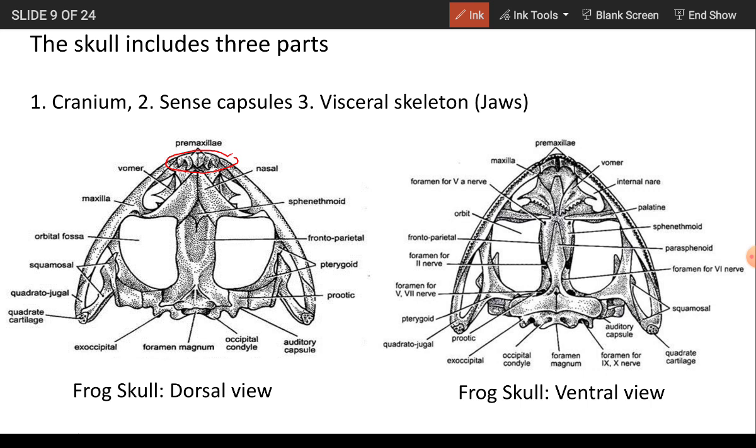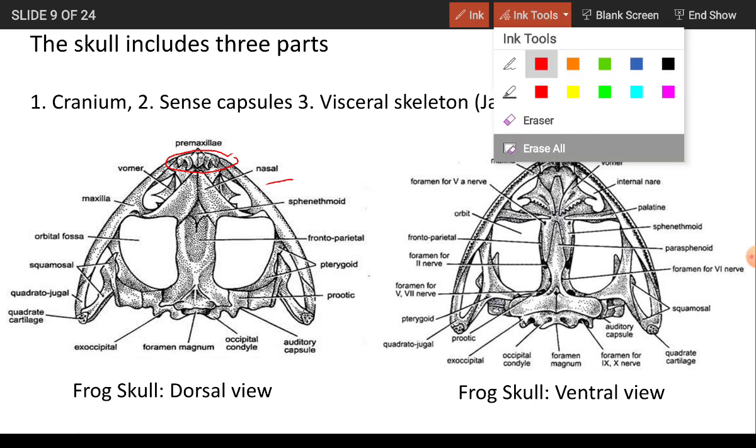And these Septomaxillaries are very close to the anterior portion of each nasal bone. Here you can see that these Septomaxillaries are very close to the anterior tip of the nasal bones.